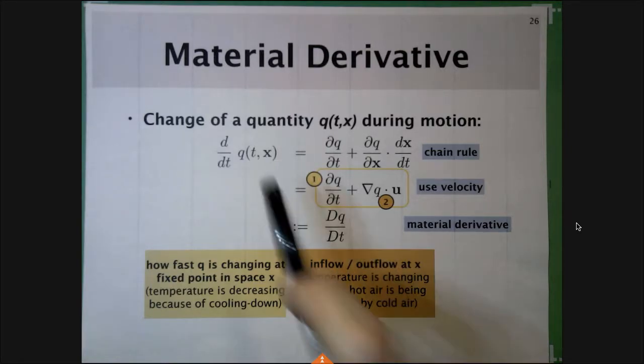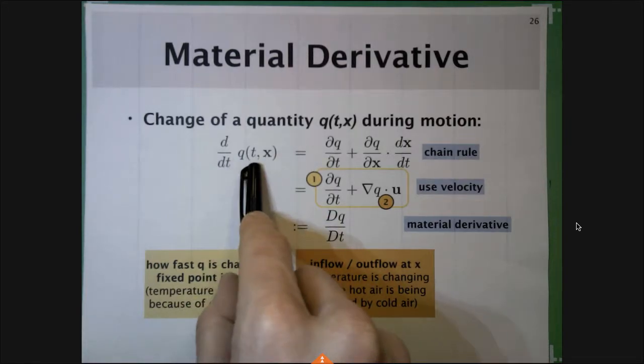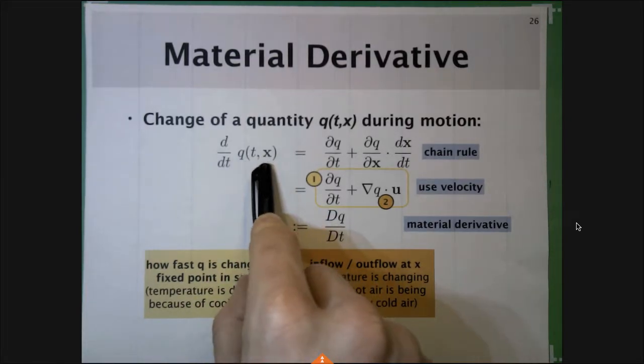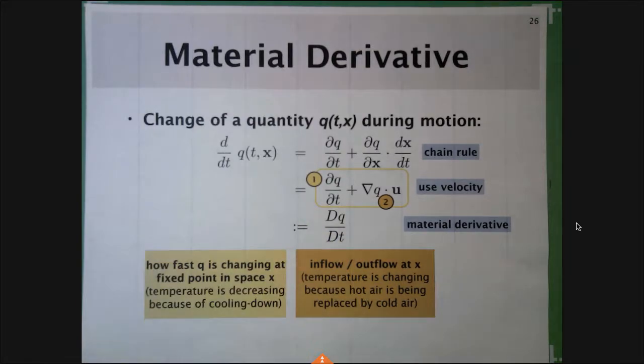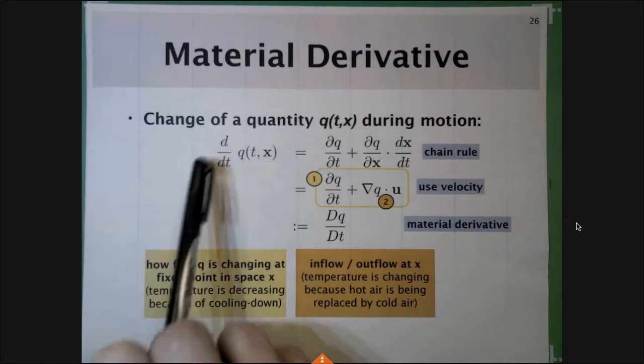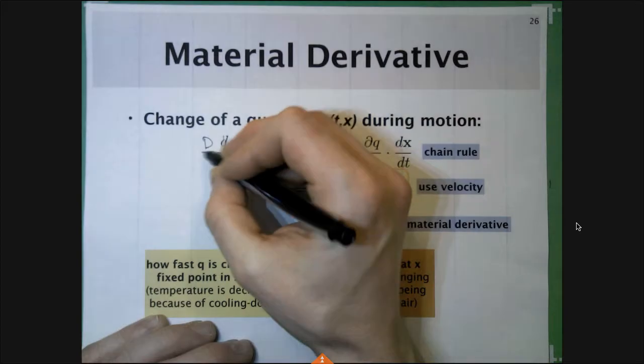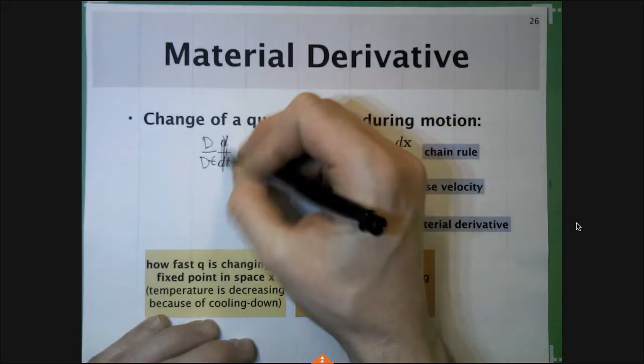The quantity depends on time and the spatial position x. Maybe I should put the capital D over dt here to be consistent.